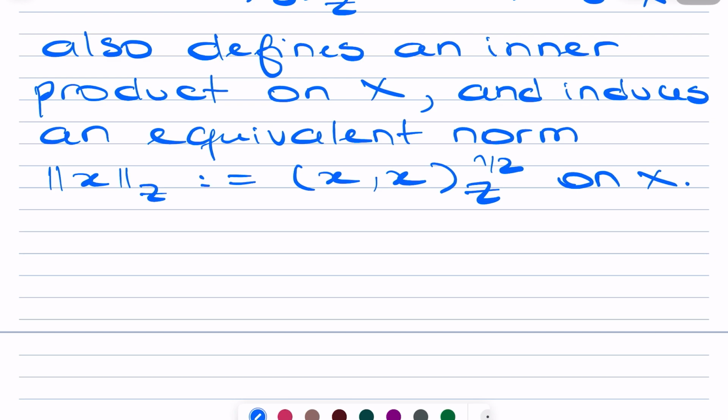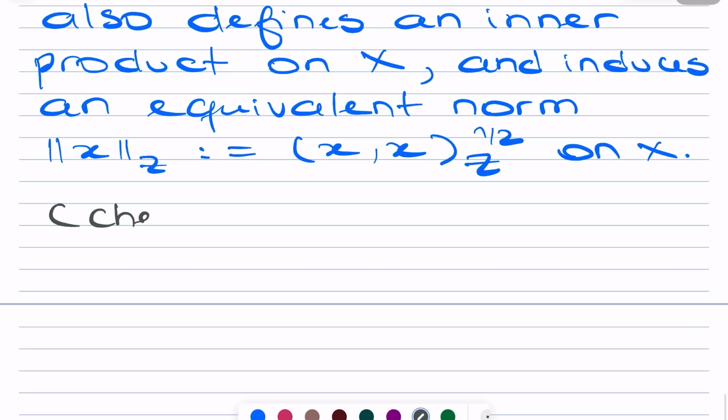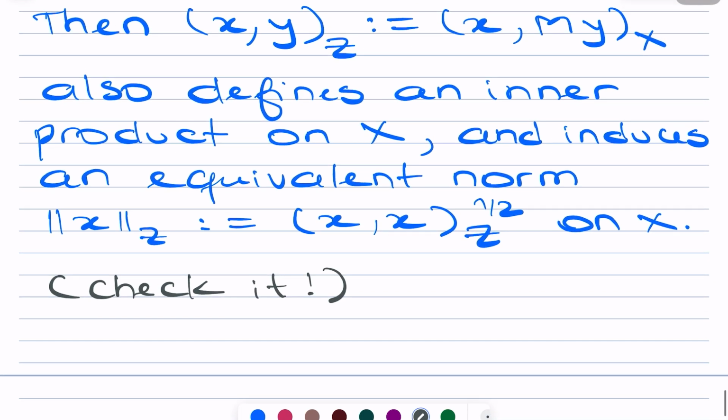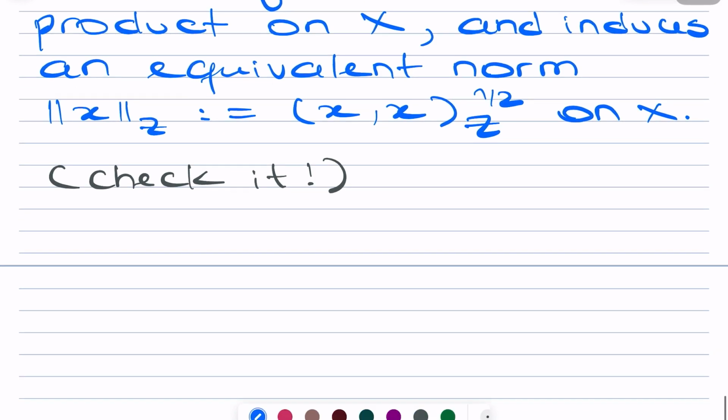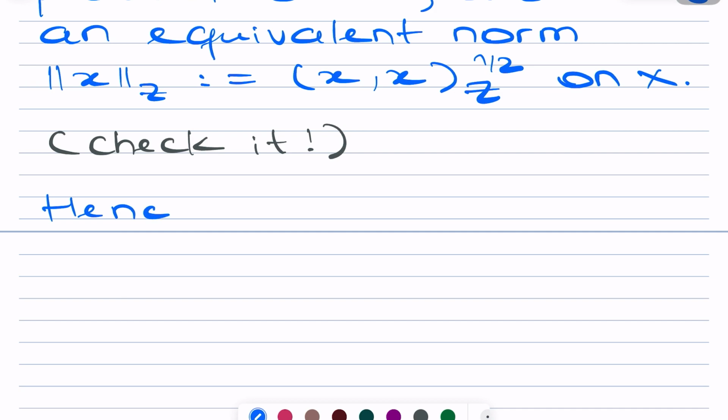So please check it out. Check that this operator here, defined like this, defines an equivalent norm on the space X. So because of that, we can conclude that hence X endowed with that new scalar product, we just write, the dot is just a placeholder, so X endowed with this new scalar product is a Hilbert space.